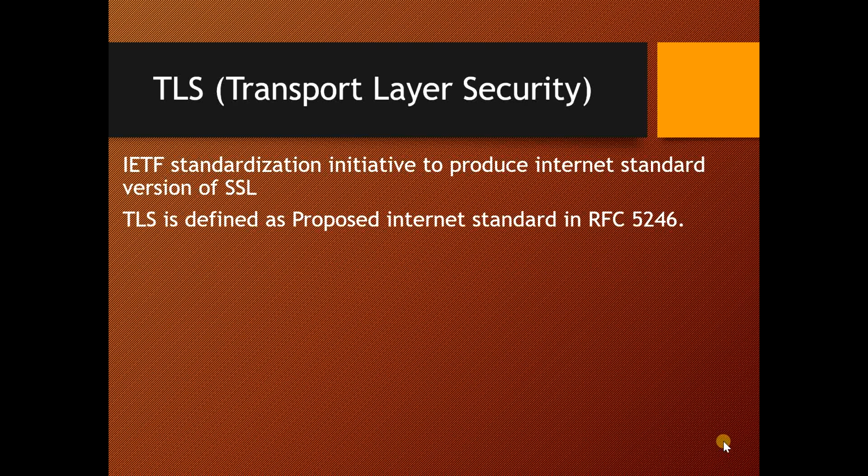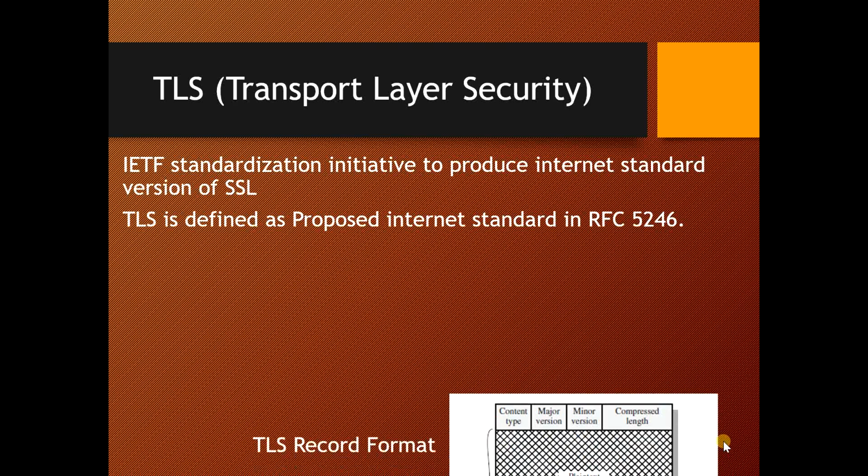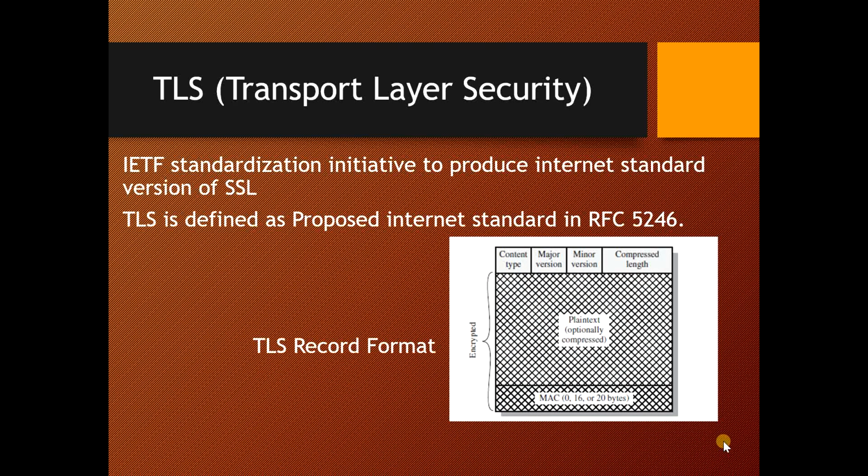So TLS is defined as a proposed internet standard in the RFC 5246. RFC is the request for comments, and this RFC 5246 is basically similar to that of the SSL version 3. If you look at the TLS record format, it is the same as that of the SSL record format.